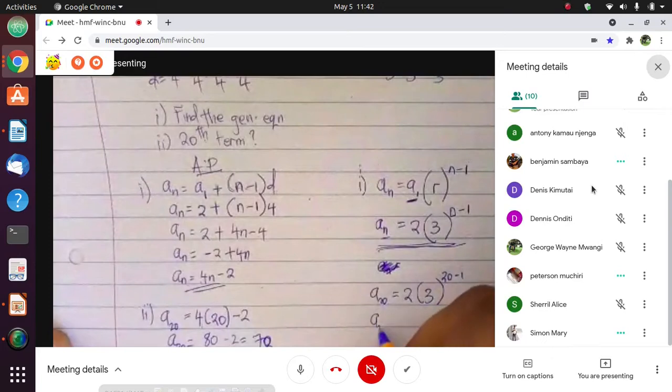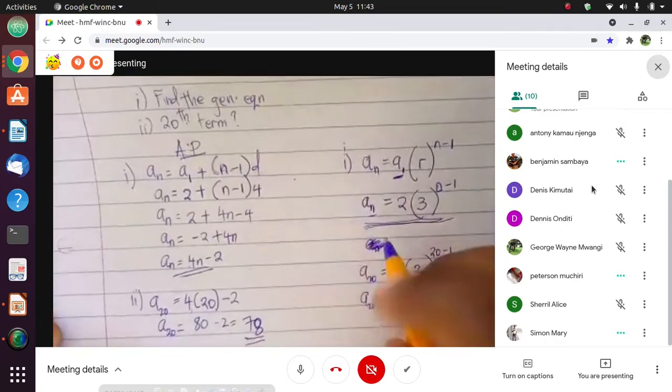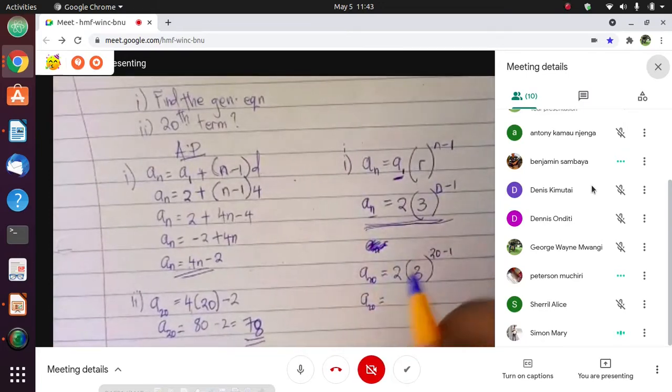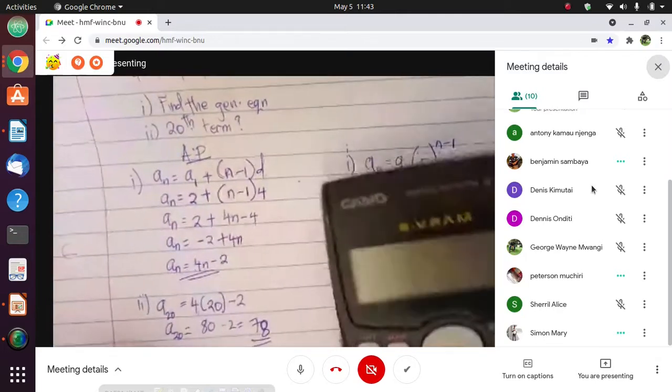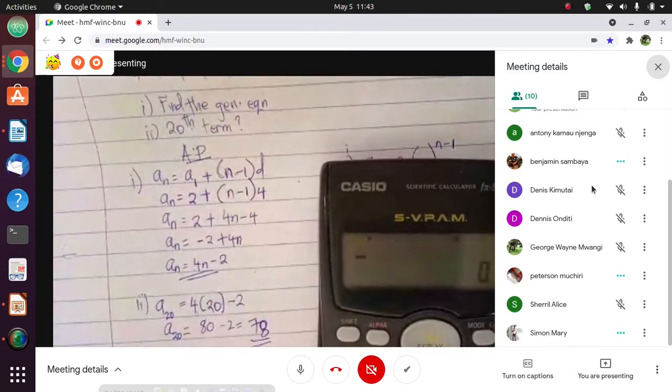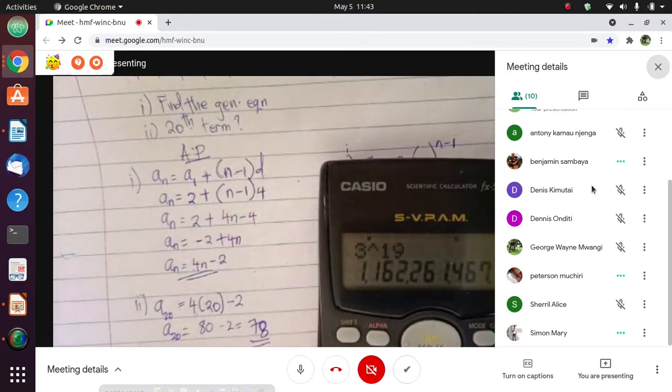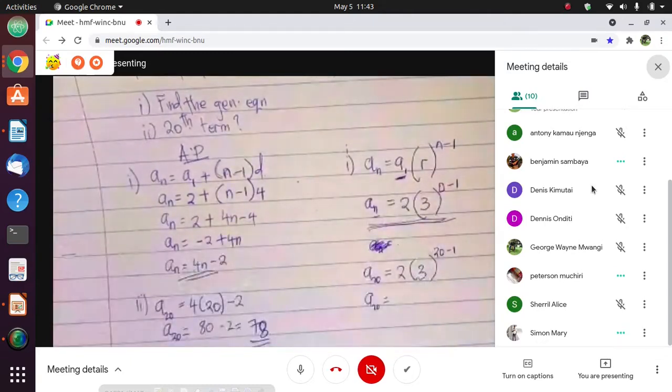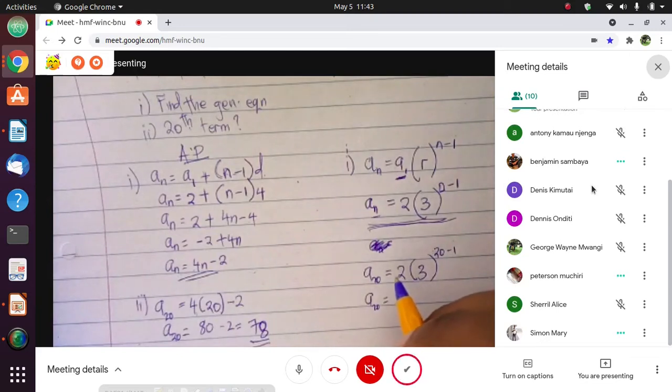Therefore, the 20th term in this geometric progression will be, what answer do we get? What will be the 20th term in this geometric sequence?